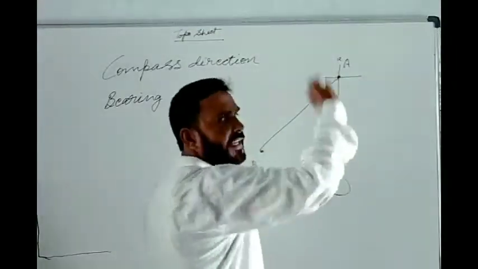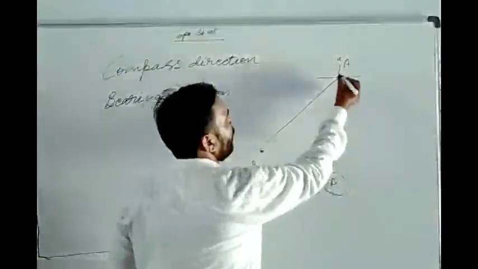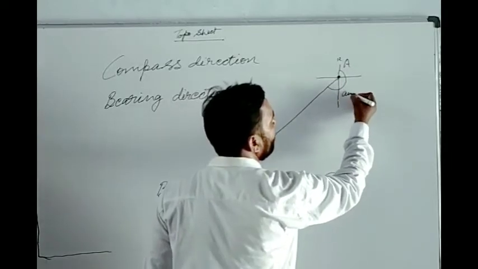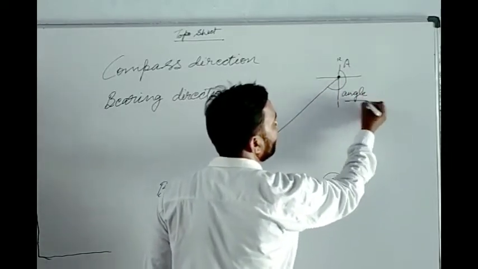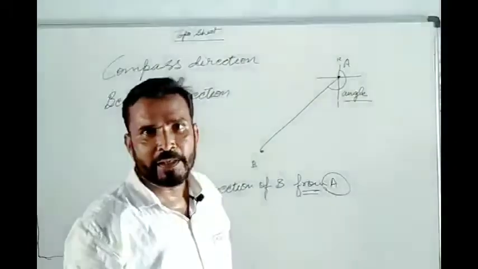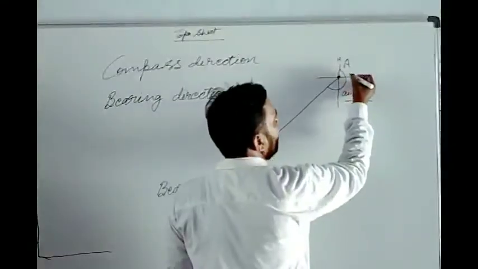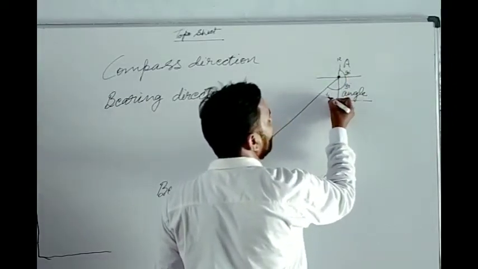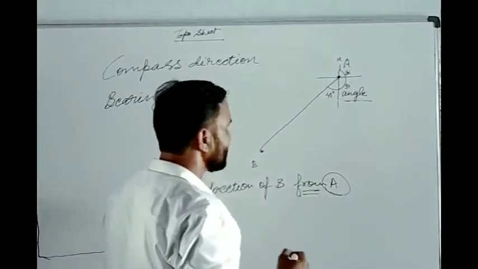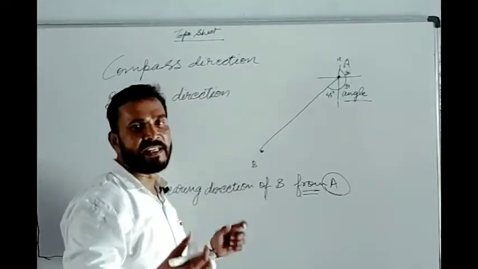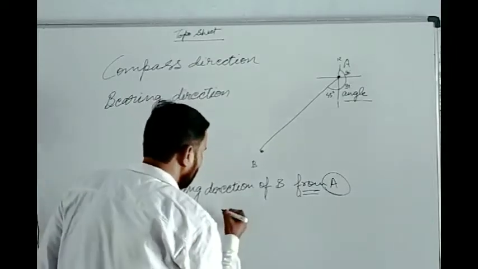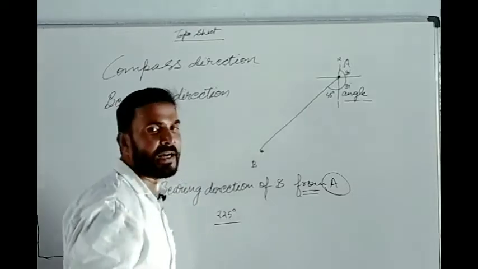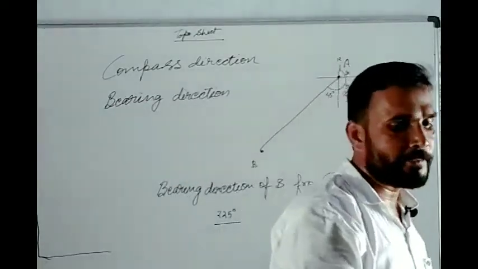So from the north line we have to start, and from here to here we have to measure the angle. What is the angle? From here to here, this one quadrant is 90 degrees, this another 90 degrees, and this suppose 45 degrees. So our answer will be 90 plus 90 plus 45, which means 225 degrees will be the answer of the bearing direction.